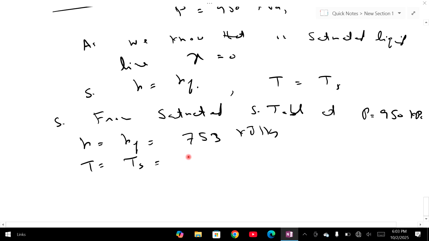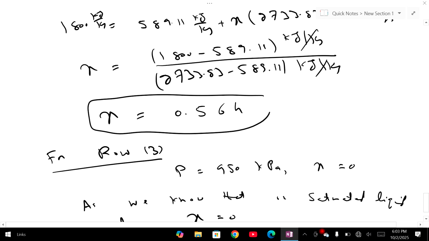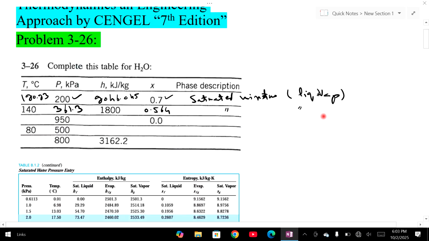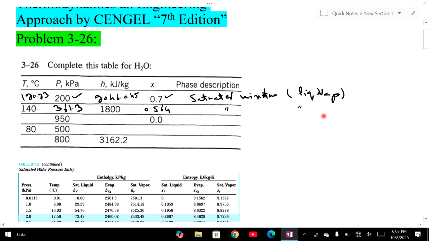So row number 3 is completed: temperature is 177.69 degrees centigrade, enthalpy Hf is 753 kilojoule per kg, and the phase description is saturated liquid.